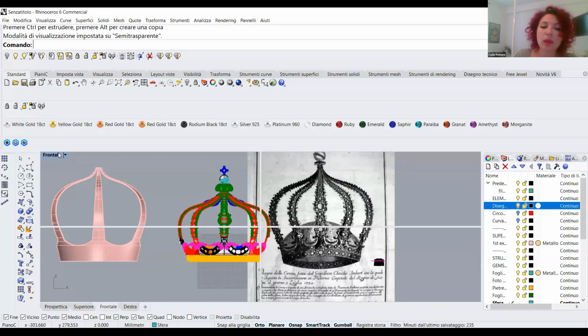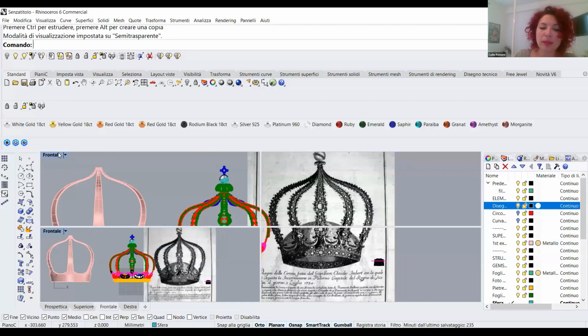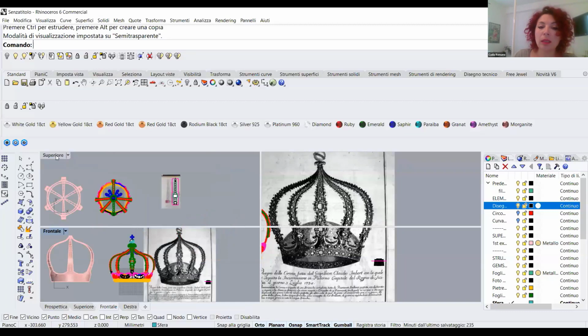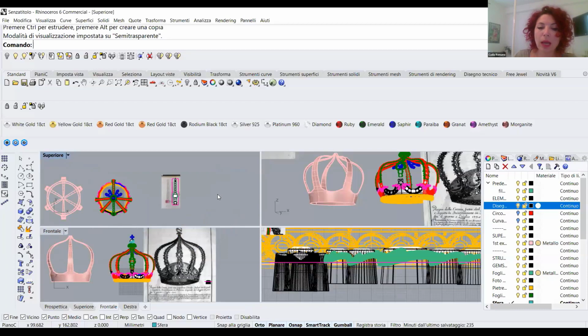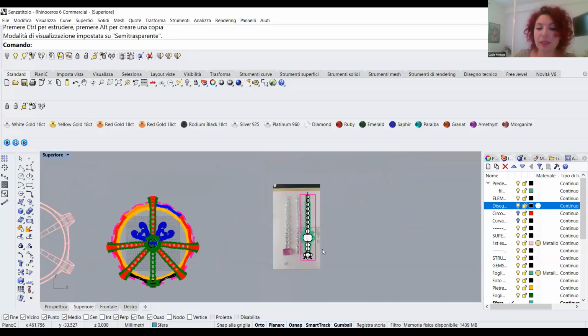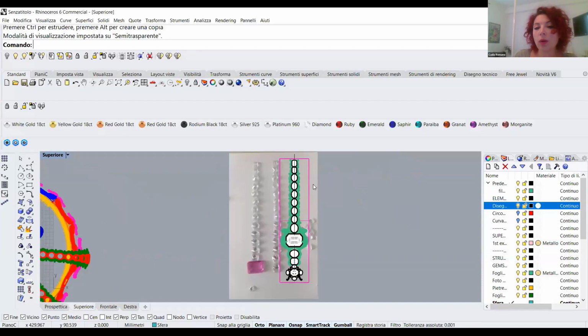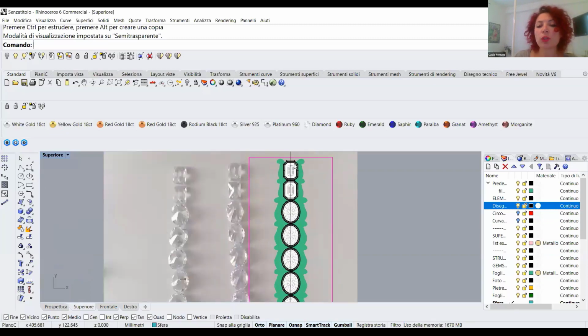And with the number and the correct size of diamonds that Imbert described in his document, I created the first idea about how many spaces I need for the diamonds, how much tolerance I have to put between every diamond, and also I have to understand which type of bezel I have to use for this crown, because in the document there is no information about this one.